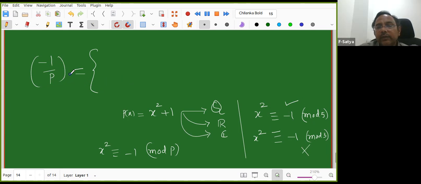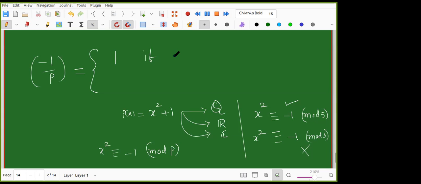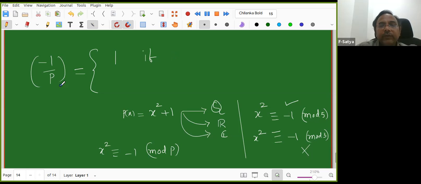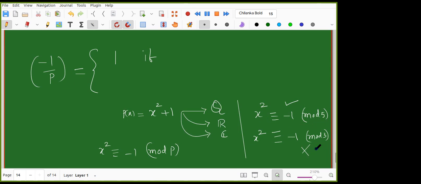When it is 1, it is for 5. So -1 is a quadratic residue if x square equal to -1 mod p has a solution. I want to find all such p. I cannot check, since there are infinitely many primes. How do you check?